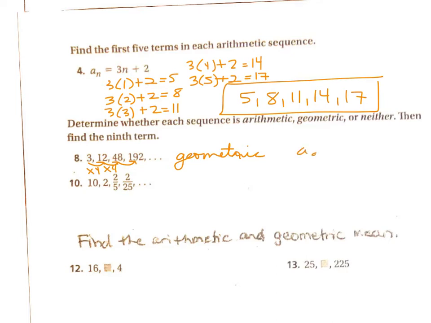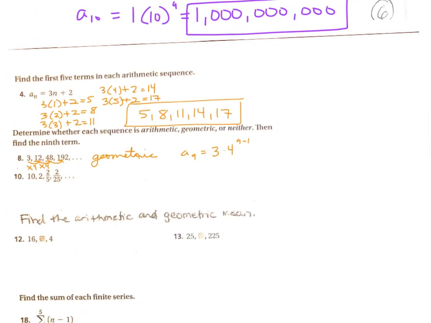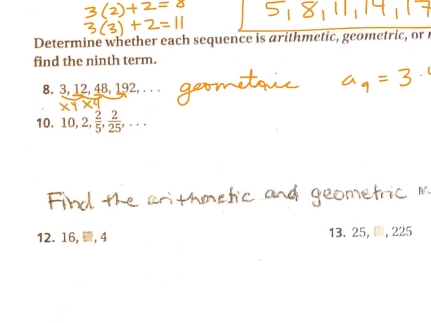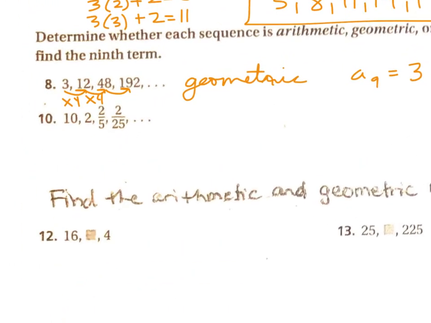You're saying A of 9 is going to be your first term times the common ratio to the n minus 1. So if we're looking for our 9th term, it's going to be to the 9 minus 1, so to the 8th power. And if you plug that into your calculator, you get 196,608.